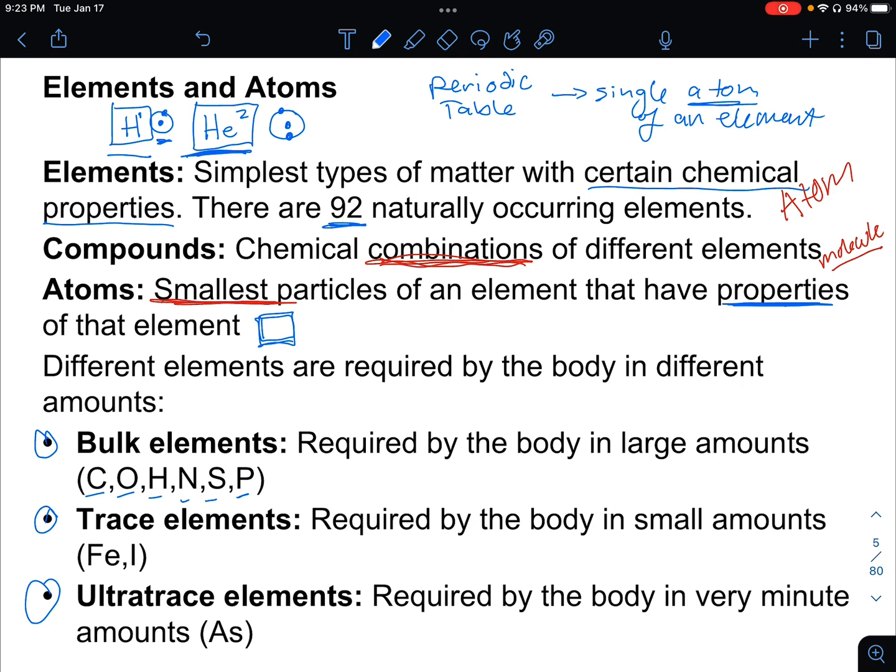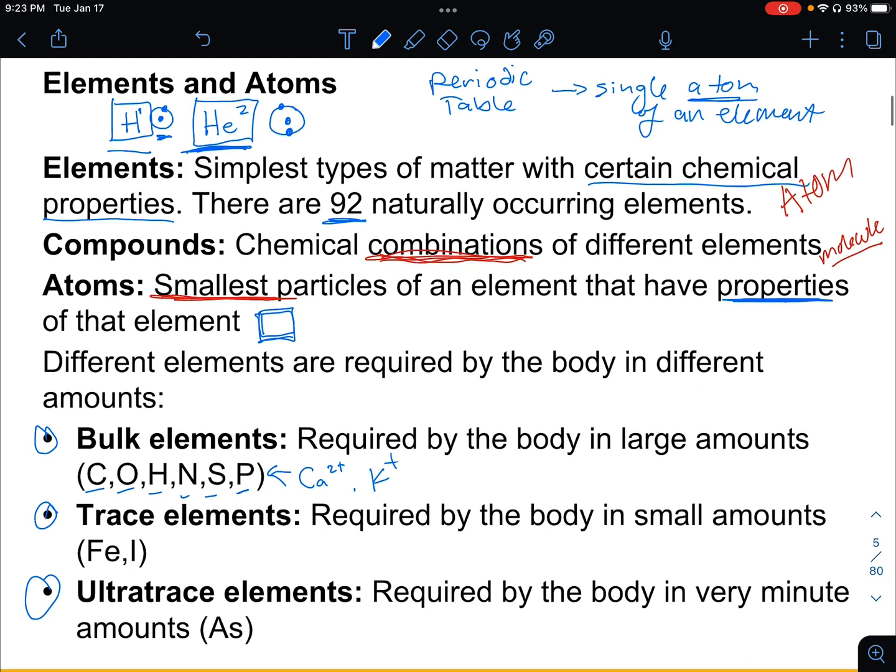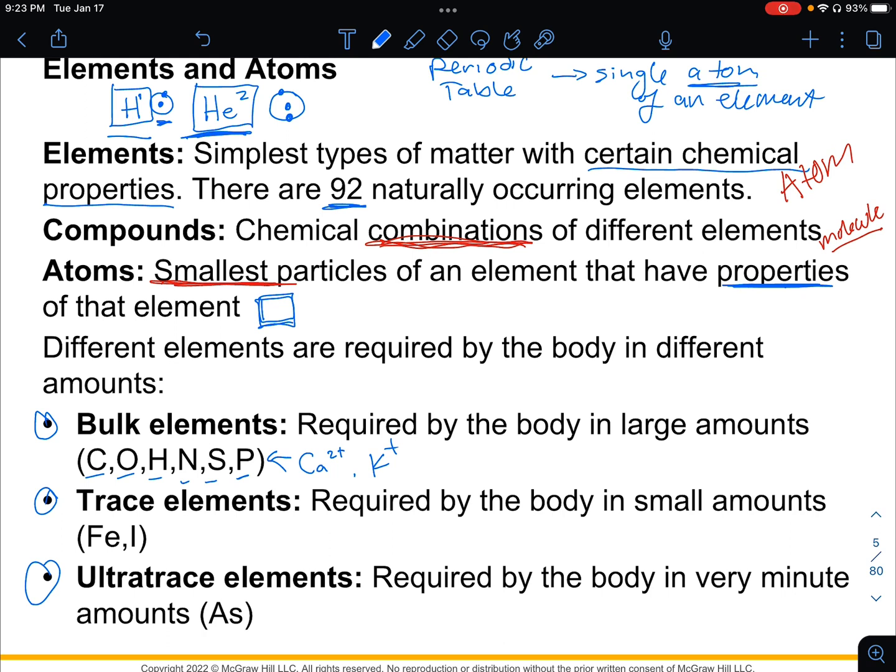Calcium is very important, but it's not part of our bulk elements. And potassium is also important, but it's not in our bulk elements. That's because of the size of the atom as well as where they exist. Those are also very important, but not in the top 6.